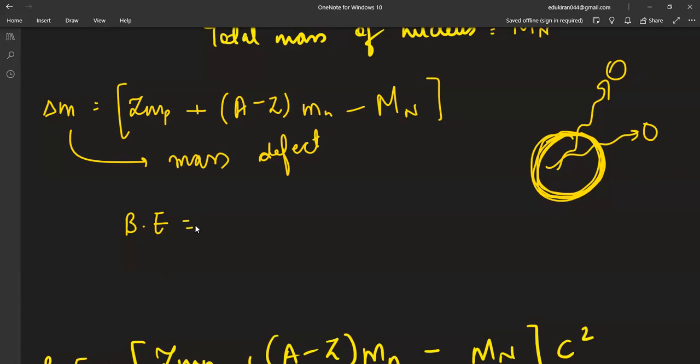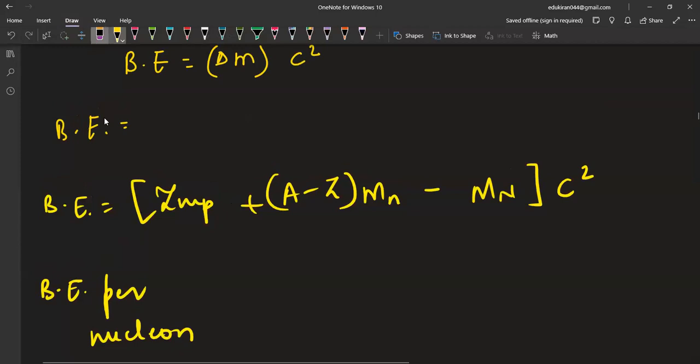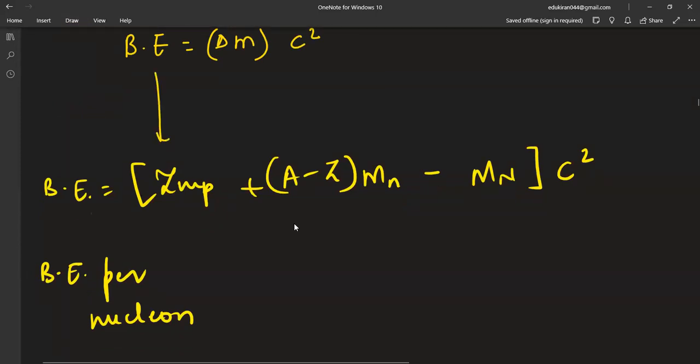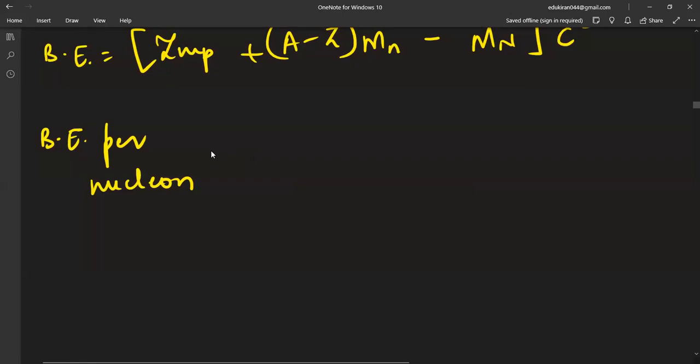This is equal to delta M into C square. So the actual formula of binding energy will become the entire mass defect into C square. And one more formula you have, binding energy per nucleon.